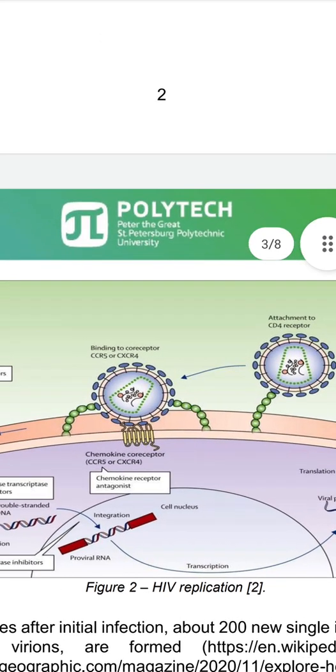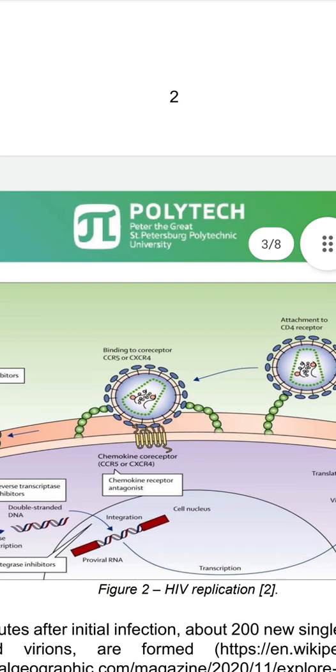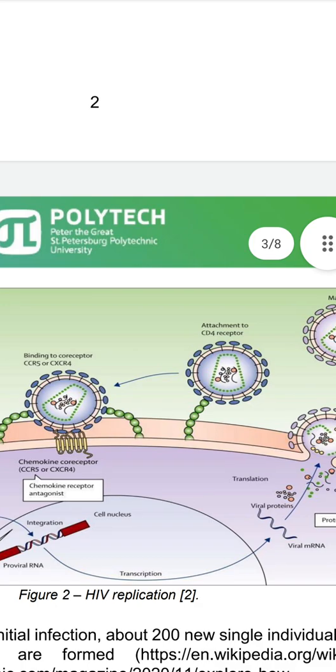Among the molecules on the surface we have a chemokine receptor CCR5 or CXCR4, and the chemokine receptor antagonist can come here. We have binding to receptor CCR5 or CXCR4, and an attachment to the CD4 receptor.